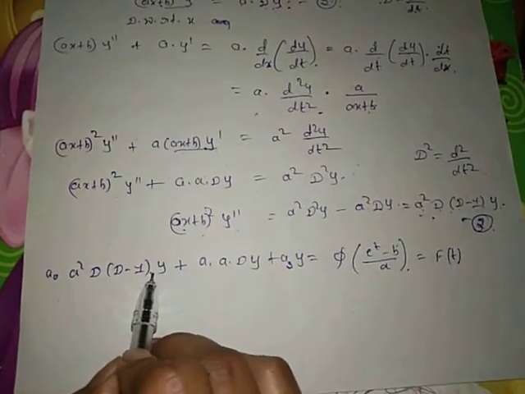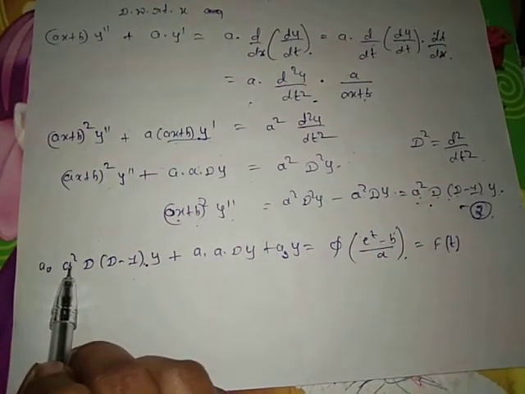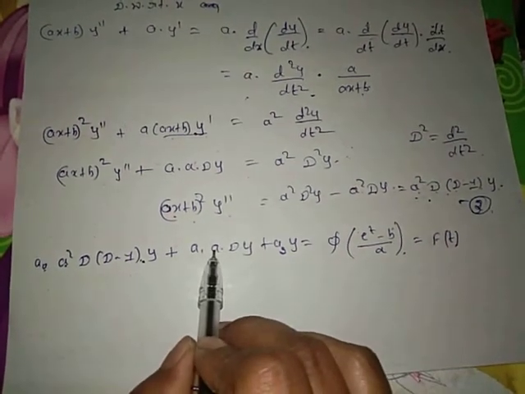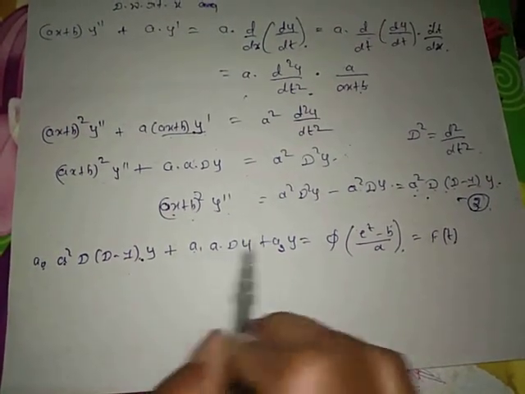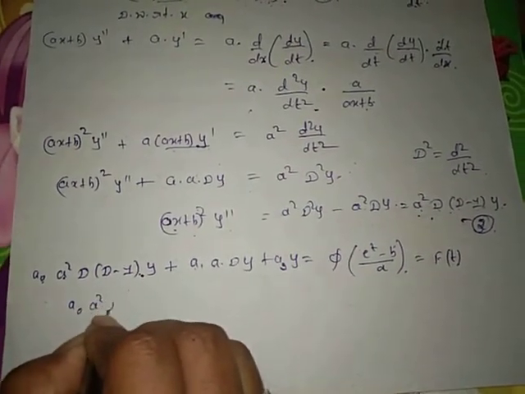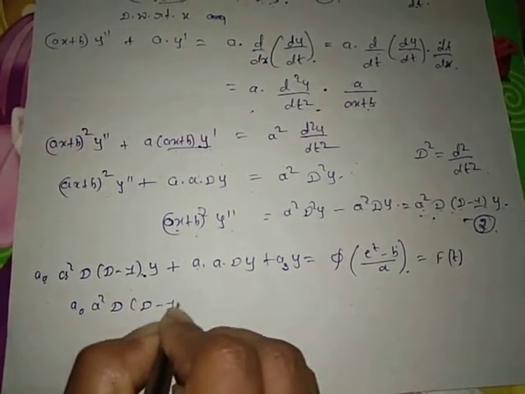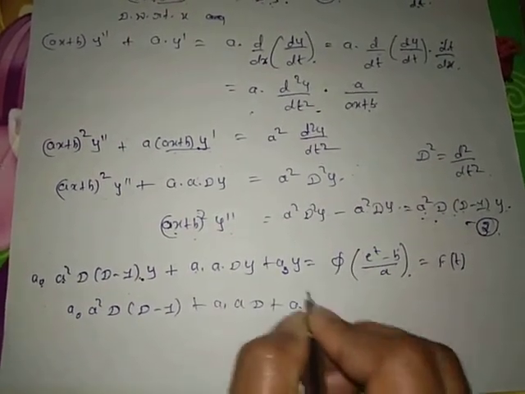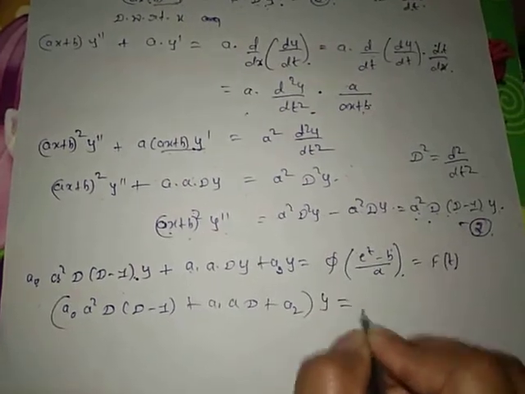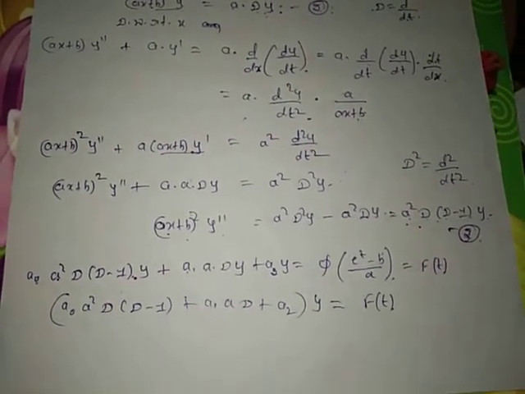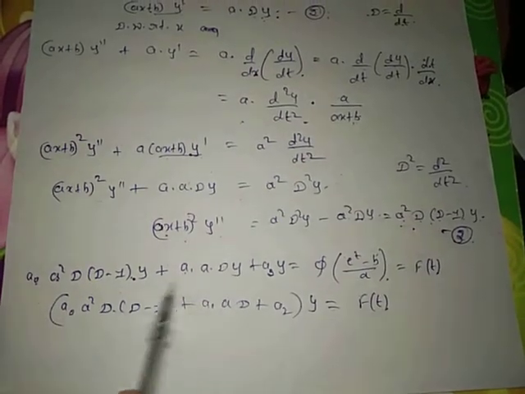Now come to the LHS. See the terms here. A is a constant, a1 is constant, a2 is constant. So the equation becomes, taking y as a variable, taking it common outside, and it will be a function of t. So see the entire term here.